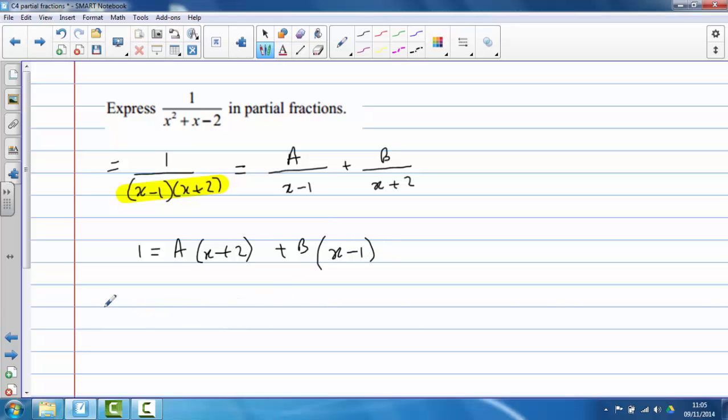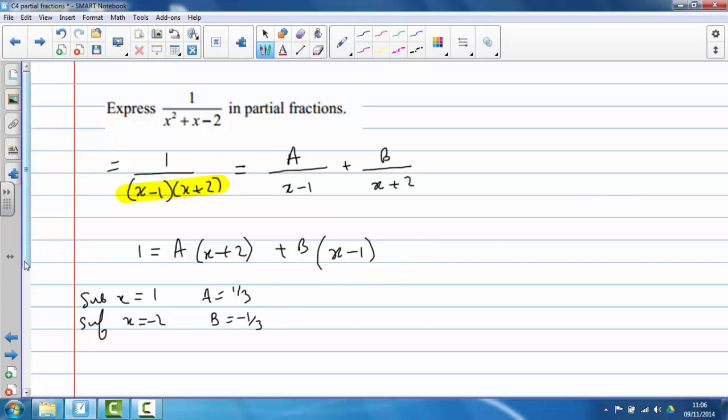And then if we substitute in x equals 1, then the b obviously goes to 0, and you get a equals a third. If we then substitute in x equals minus 2, then this part goes to 0 and you get b equals minus a third.